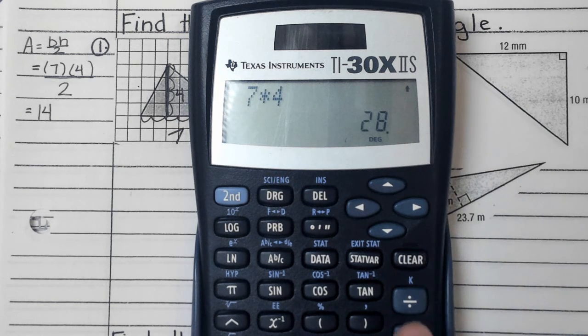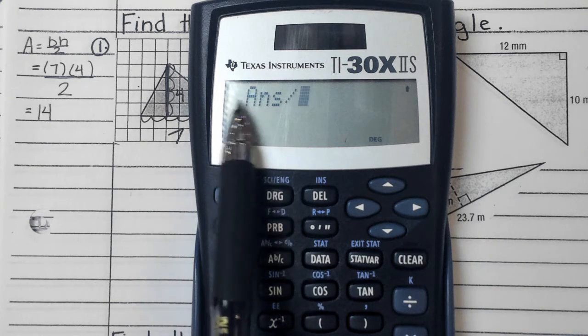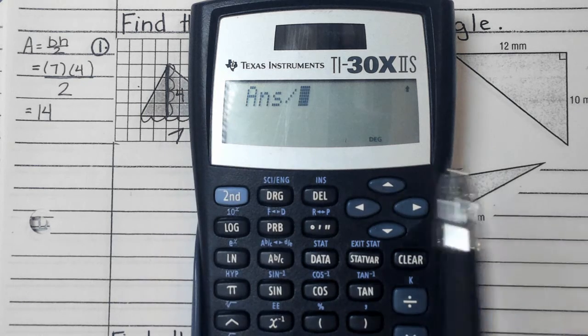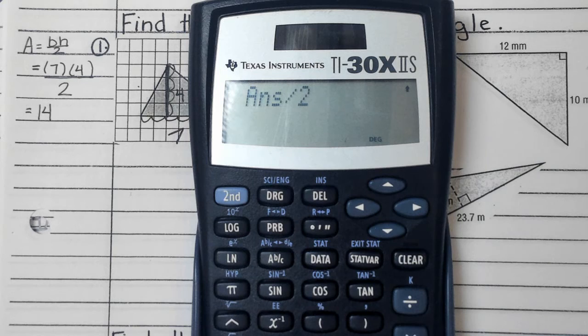Divide by 2. So if I hit the division sign, do y'all see how that pops up ANS? That's the last answer that was in the calculator, which was 28. So that's saying 28 is already there, divided by 2, and that gives me 14, which is what we knew the answer would be. This, guys, will save you from having to type in some really long numbers later on, like when we have decimals and things like that, okay?